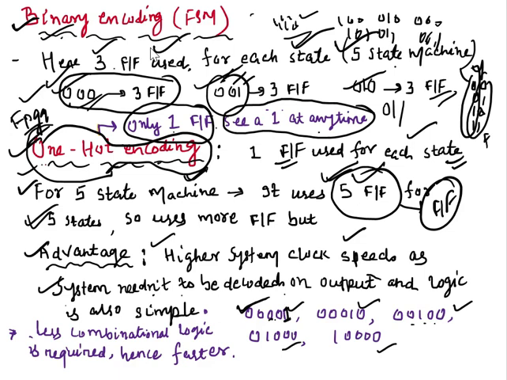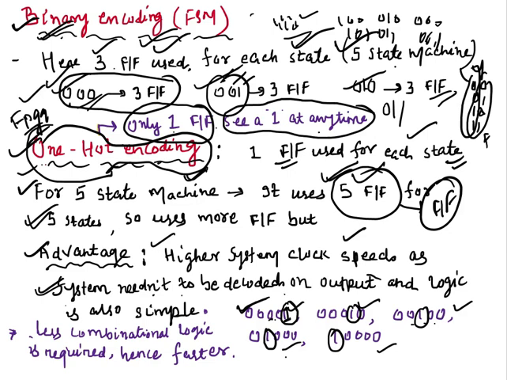For every state there is one flip-flop with a 1. So decoding is very easy here. In binary encoding, decoding at the output is a little bit complex.